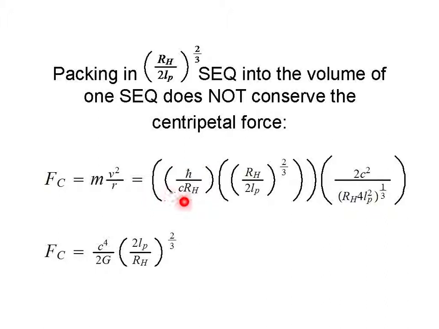We'll take the mass of 1 SEQ times the number that we're packing in, multiplied by our tangential velocity squared, divided by the radius of the SEQ. And we find that the centripetal force is equal to c to the fourth over 2G times 2lp divided by r sub h to the 2/3 power.